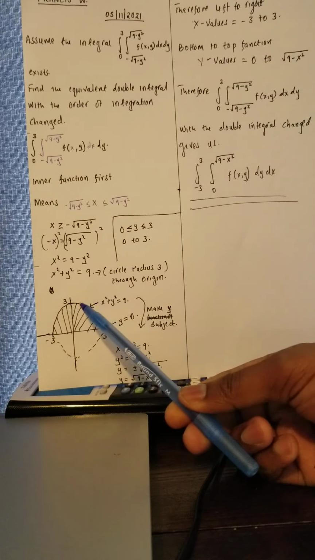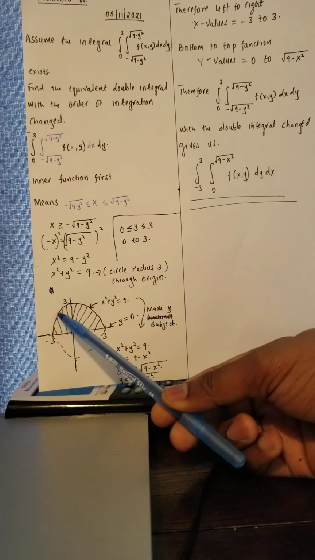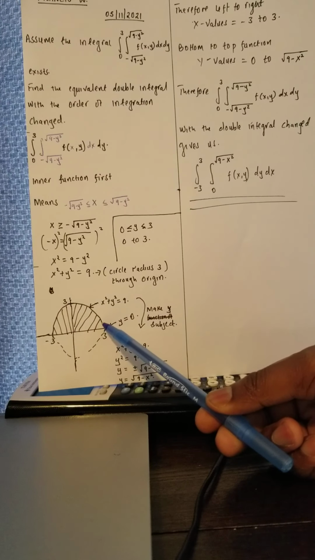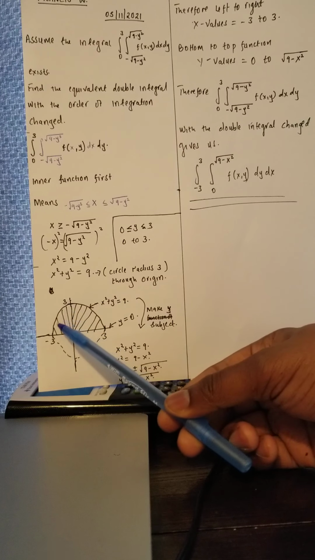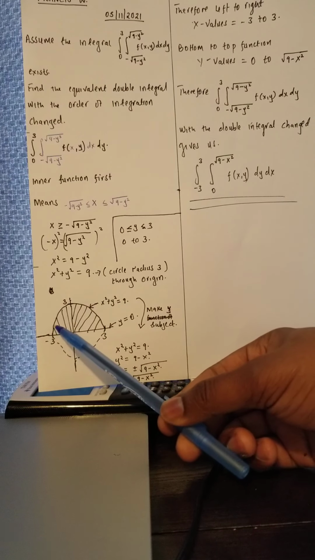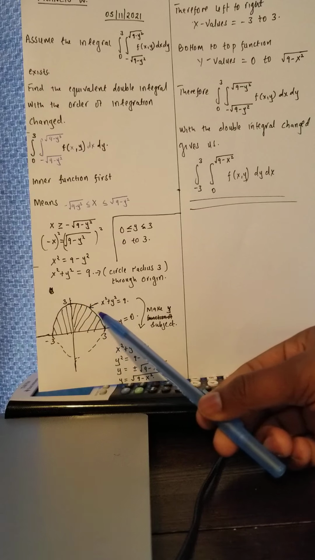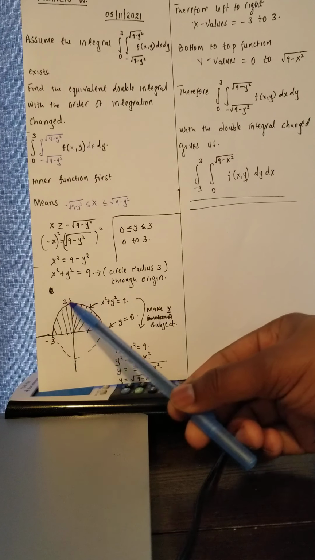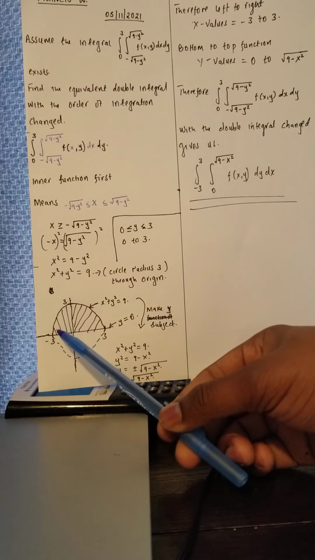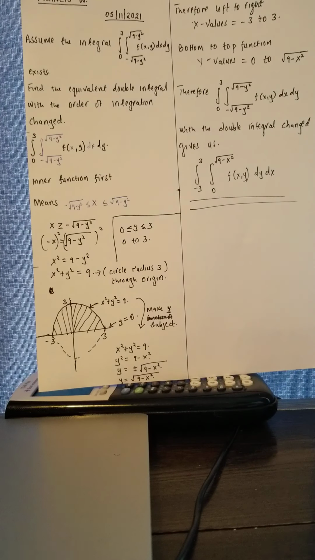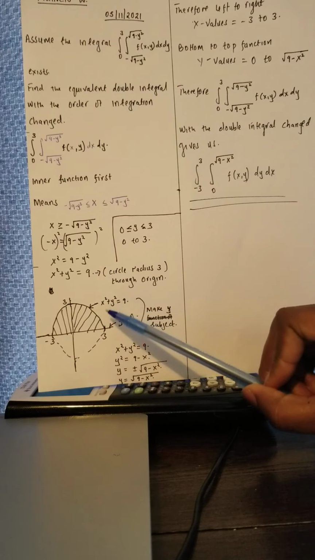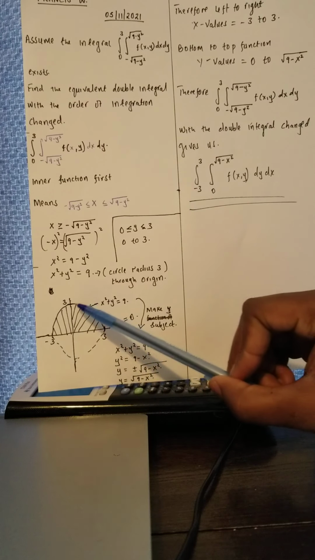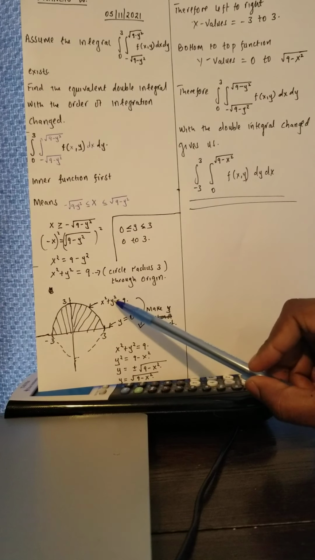We can find the equation of this curve by making y the subject of the equation, so that we can get the y value of any point here. To do that, we take x squared plus y squared equals 9, which is the equation of this circle, and make y the subject.